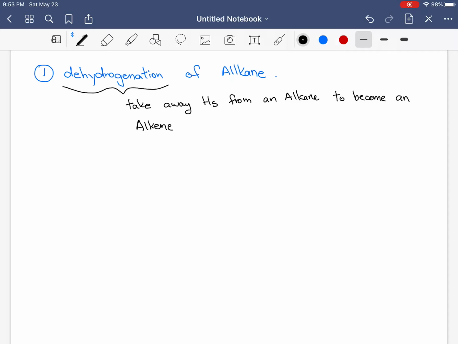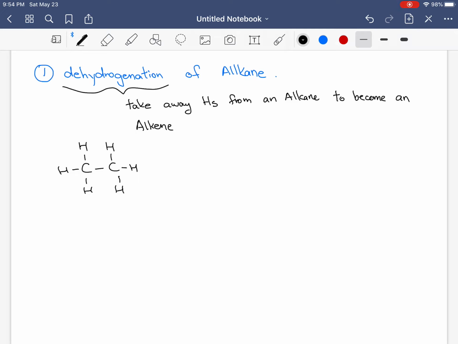What you're taking away is what we call adjacent hydrogen. So let me just show you very quickly how this works. Well, let's not go with something so complicated. Let's go with just ethane.